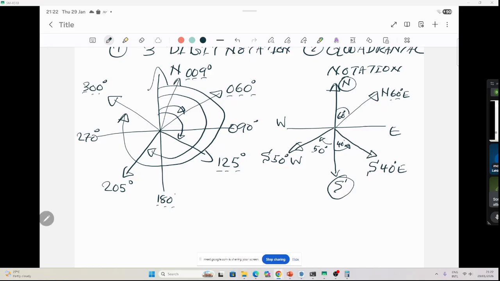So for this course, the closest is north. Let's assume that this angle is 20 degrees. So this is going to be north 20 degrees west. So this is quadrantal notation. Are we clear, guys?